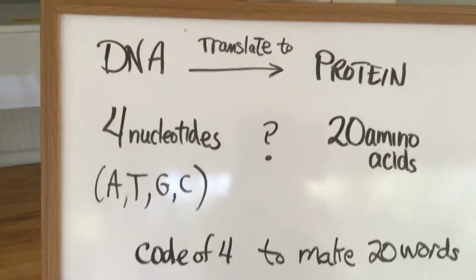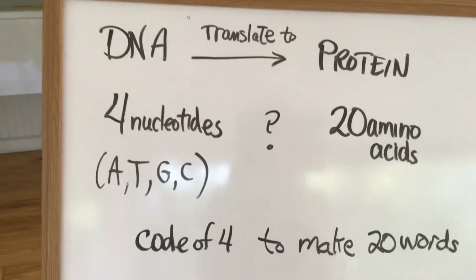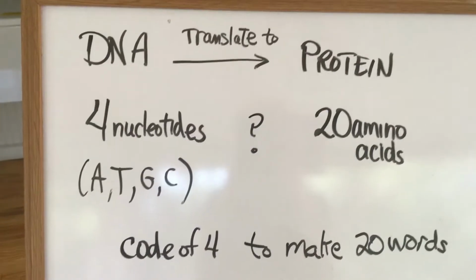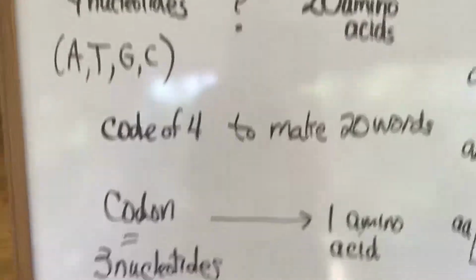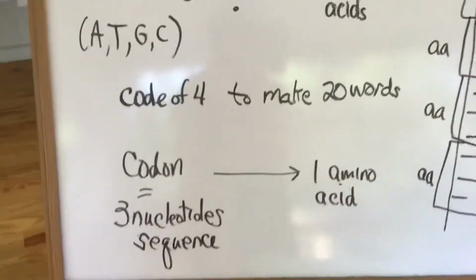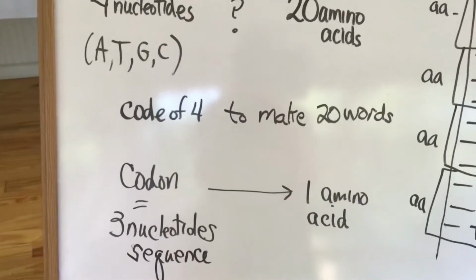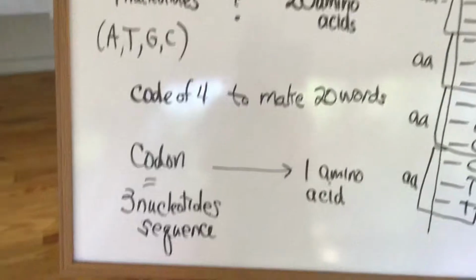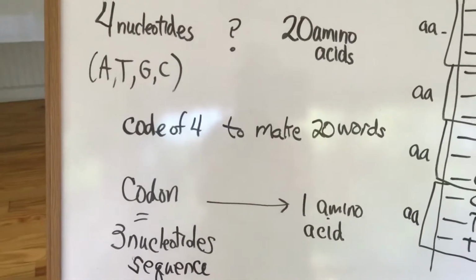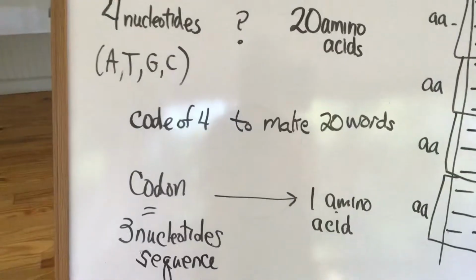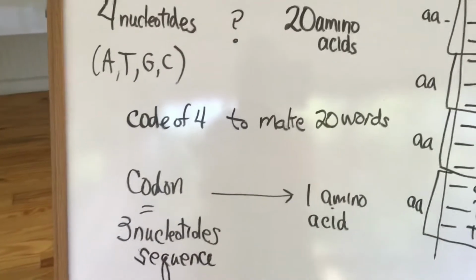And it turns out that the number that we actually need to make 20 amino acids is 3 nucleotides in a sequence equaling 1 amino acid. Now, if you want to do the math on this, we have 4 nucleotides, and 4 to the 1 gives us 4 possibilities, so that's only 4 amino acids.